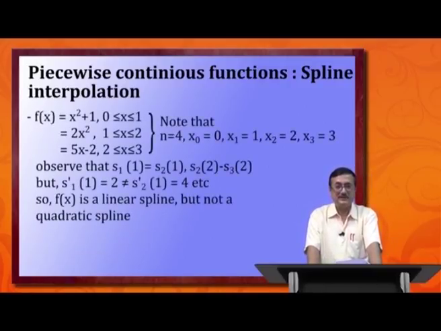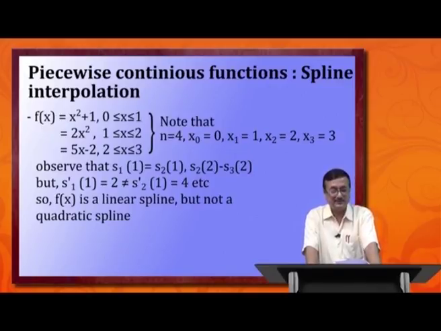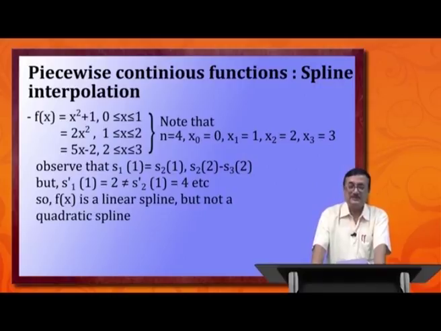Let us consider another problem. f(x) is given to be x square plus 1, a quadratic function in the interval 0 to 1, is equal to 2x square in the interval 1 to 2, and is equal to 5x minus 2, a linear function, in the region 2 to 3.